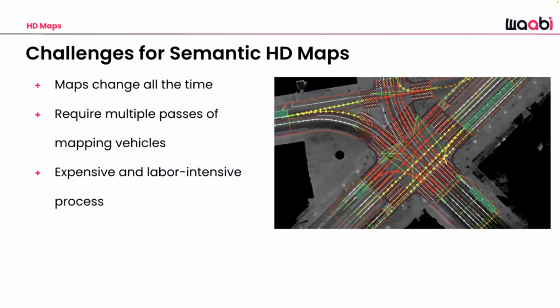And last but not least, relying on human annotators to hand label the location and attributes of all of these semantic elements can be very labor intensive and cost a lot of money. So what we actually want is a way to infer this information in a manner that is fast, robust, and as automated as possible in order to overcome all of these challenges.